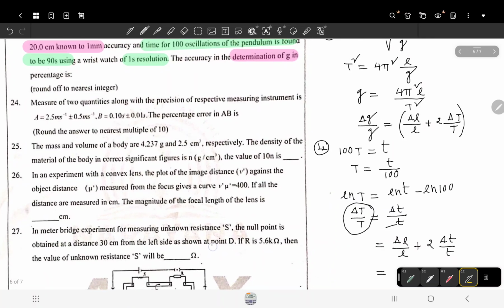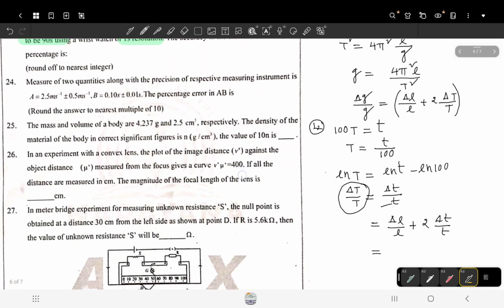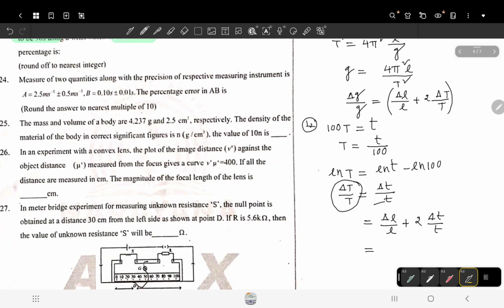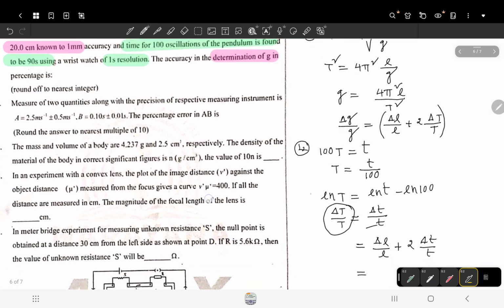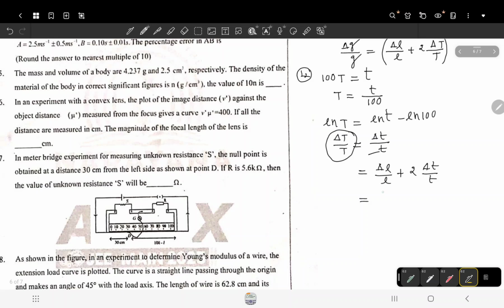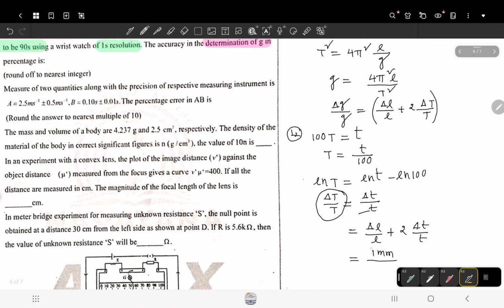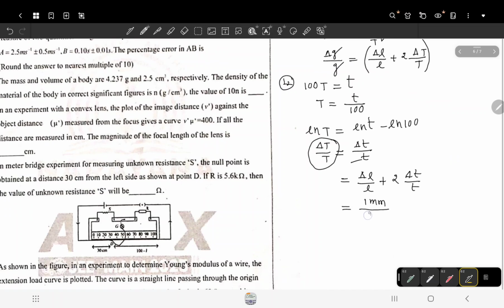Delta L is given as 1 mm. So delta L by L is 1 mm by L, and L is nothing but 20 centimeter. You have to convert those units also.